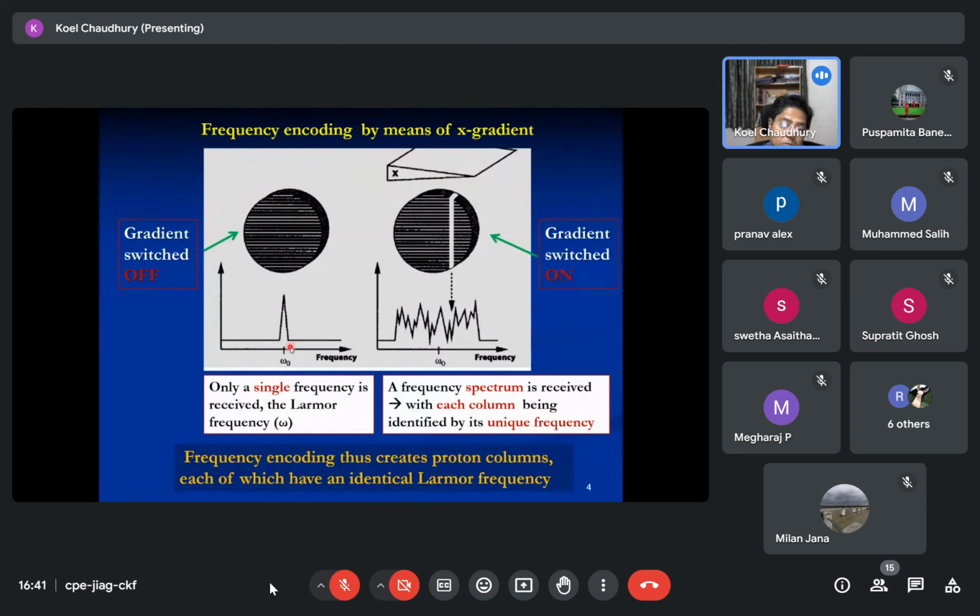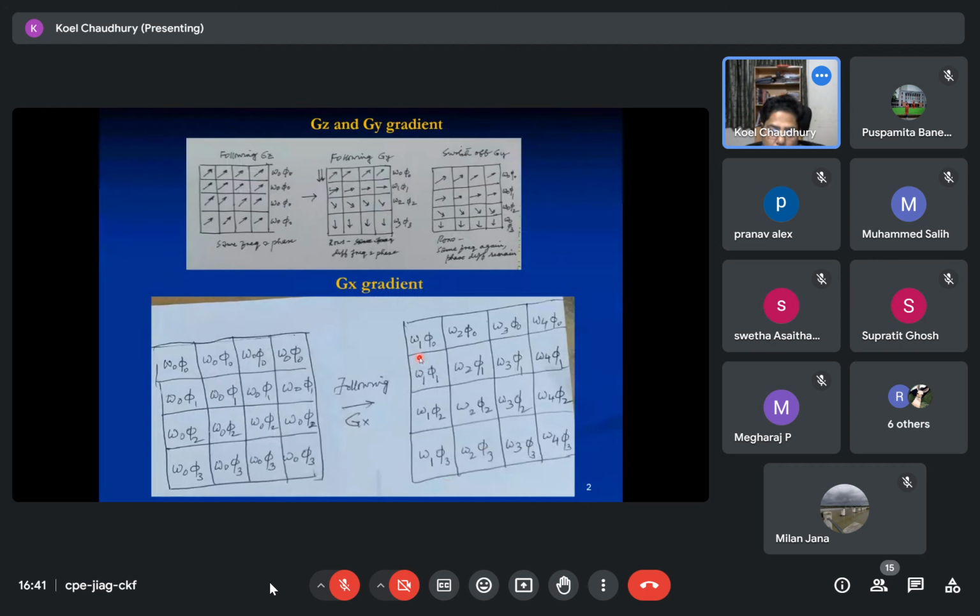If you don't do a GX, but if you pass it from side to side, then each column will be identified by a unique frequency and you will get a spectrum. Frequency encoding thus creates proton columns, each of which has an identical frequency.